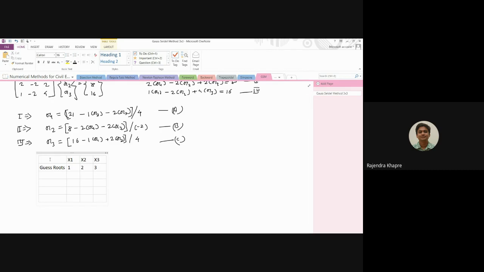Then I'm going to write down iteration 1 over here. Now with the help of equation A, that is 21 minus x2 minus 2 times x3, can you give me the value of x1, please?